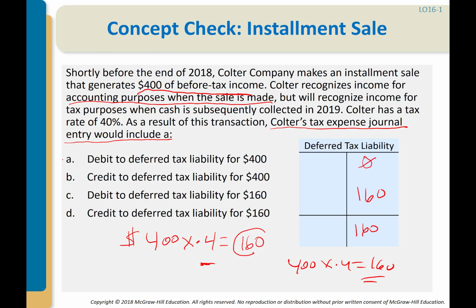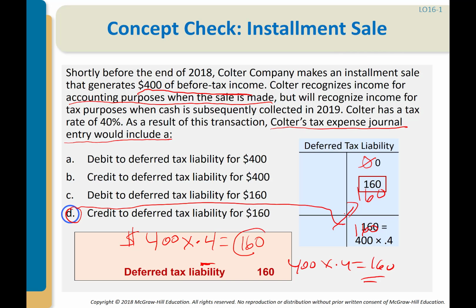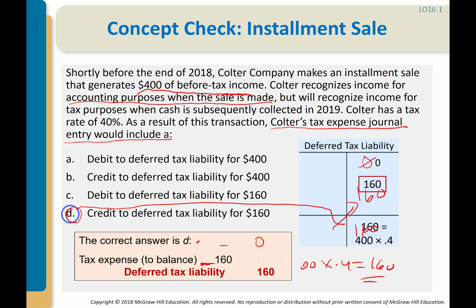What did they ask me for? Oh, the journal entry to record this. I don't know why I'm giving you the expense. It's a credit to the liability account. I already gave that to you, right here. Okay. Now, the debit to the tax expense, that I was trying to explain to you. Let's just go ahead and erase this out of the way.